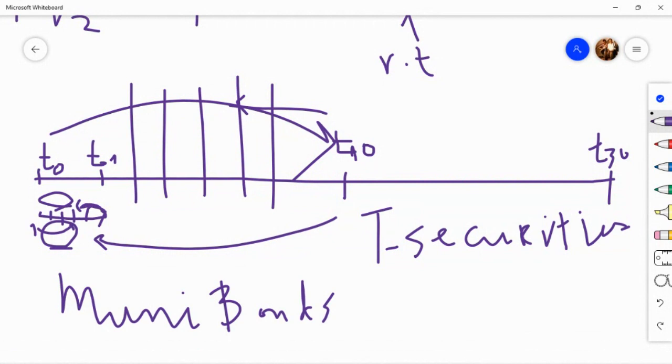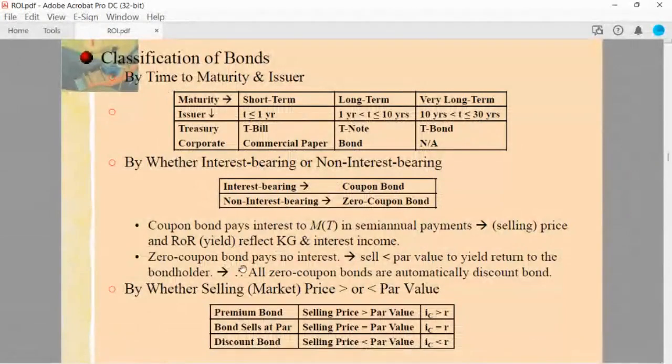Muni bonds are all bonds. There's no short-term thing. Muni bonds are by default 30-year; they have 30-year maturities. But for now, we'll just think about Treasury and corporate bonds.